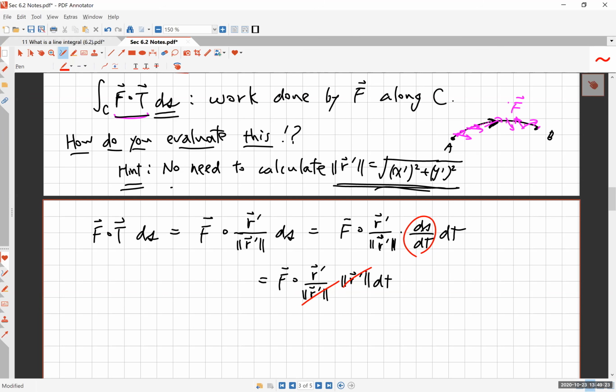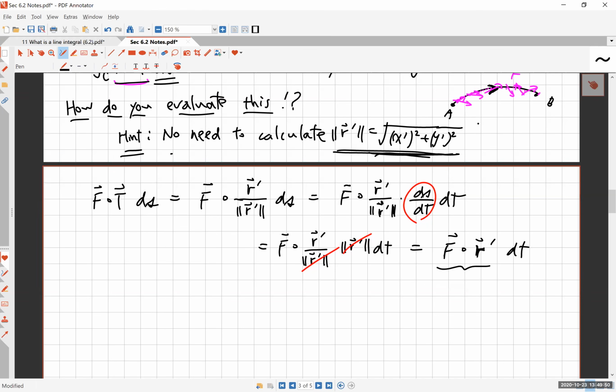So what do you have to do in order to integrate F dot T ds? Well, it looks like you just take the dot product. Let me go ahead and write this down. This turns out to be F dot r prime, and that's it. That's why I said you don't need to calculate this. You take the dot product of the vector field and r prime.